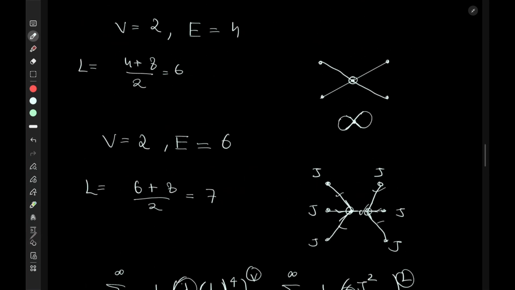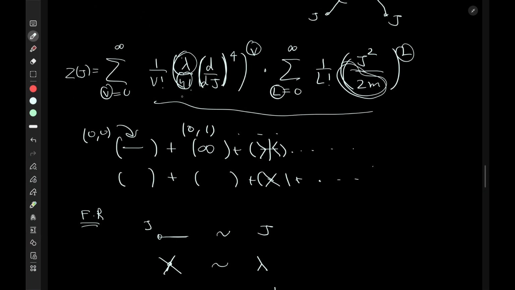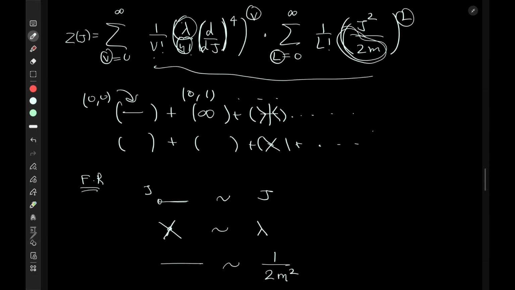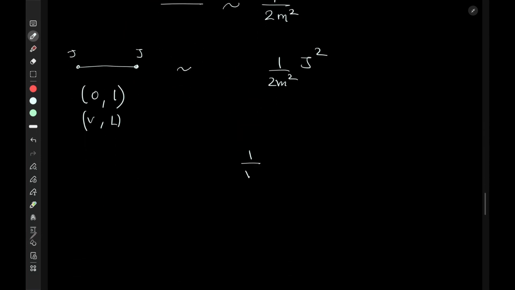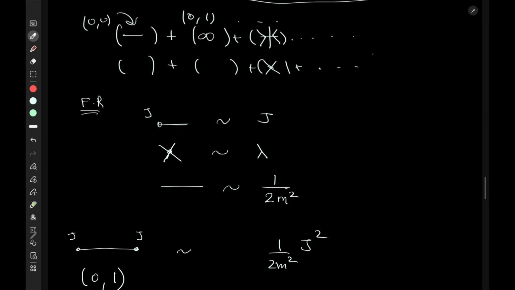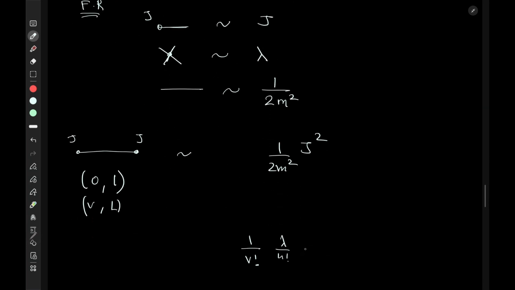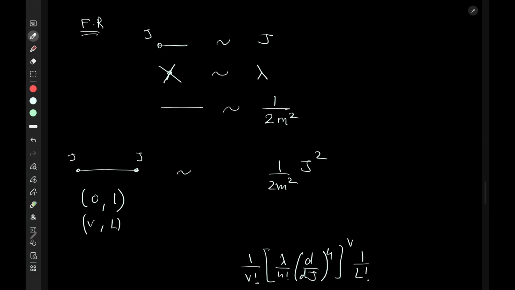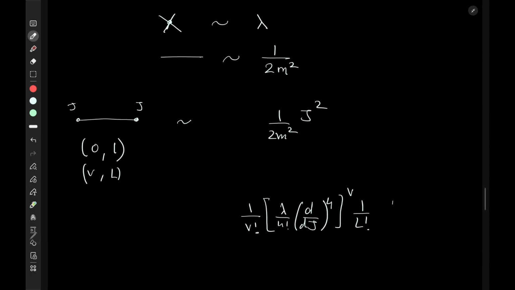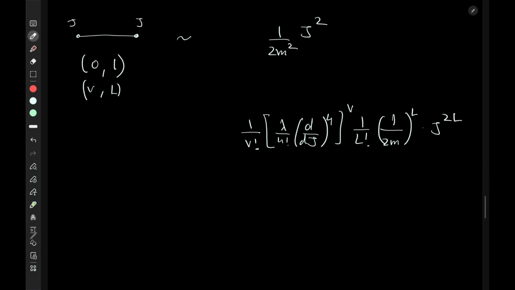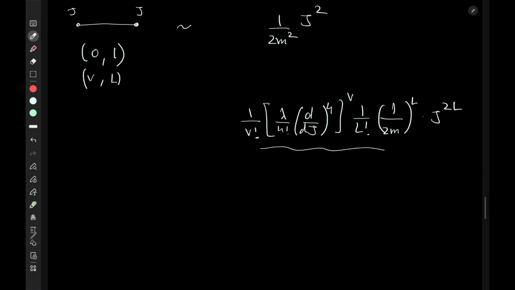And we can see, if we look at the term which corresponds to v being 0 and l being 1, let me just write that term. The general structure of terms is like this: lambda over 4 factorial times (d over dj) to the power 4, whole thing to the power v, times 1 over l factorial, 1 over 2m to the power l times j to the power 2l. Okay, so this is the general term for any v comma l.